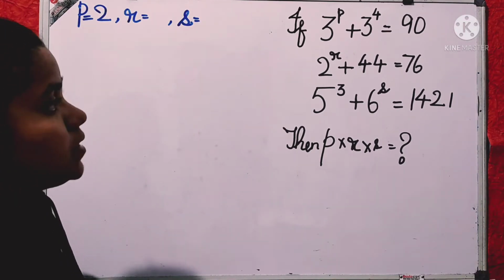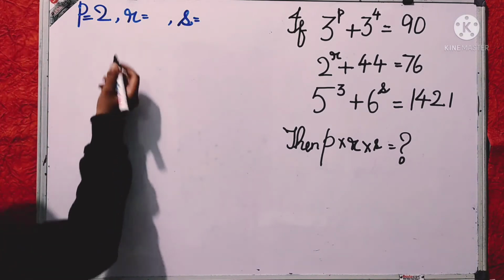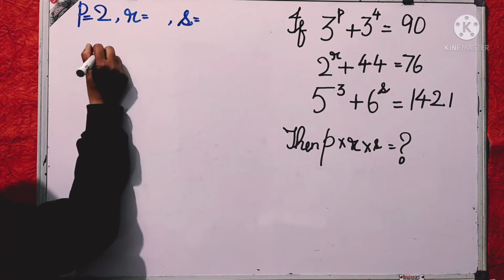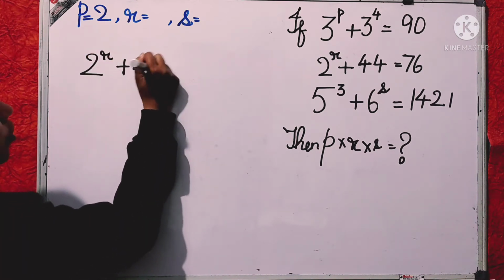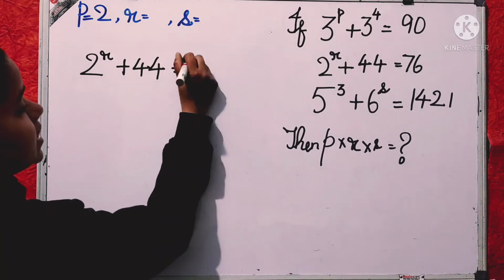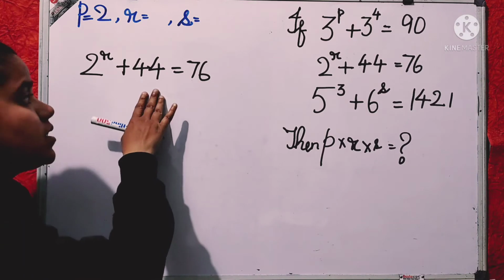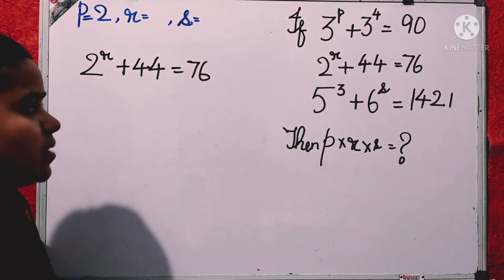In the next step, we have to find the value of R. Now moving towards the second equation, which says 2 raised to the power R plus 44 is equal to 76. Here, this number is already given. It's not in terms of exponent or power.